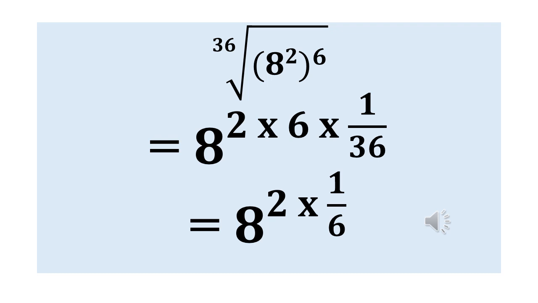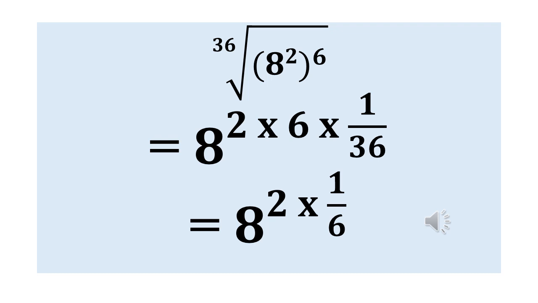We can multiply the powers together, because there is a law of exponents that says that when you have x raised to power a, in a bracket, then raised to power b, it means x raised to power a times b, that is x raised to power ab.